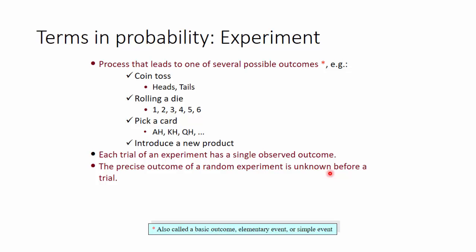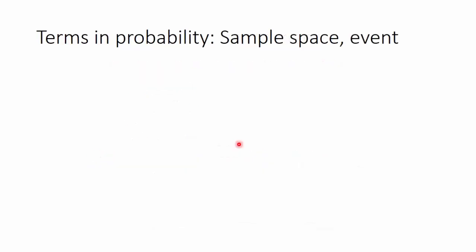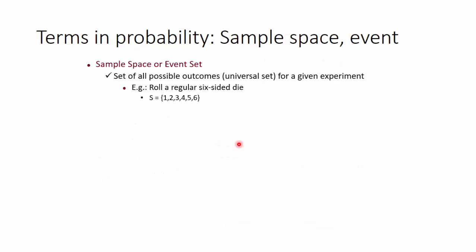Now, when you look at these examples, the first one of tossing a coin has two outcomes. Rolling a die has 6 outcomes. Introducing a new product has many outcomes. So the set or collection of all these outcomes is given a separate name, sample space. Now what's the sample space or the event set?